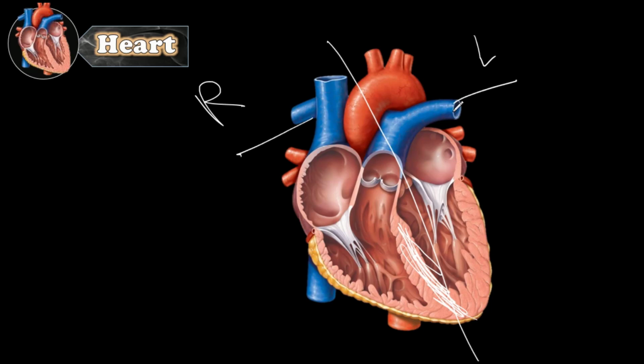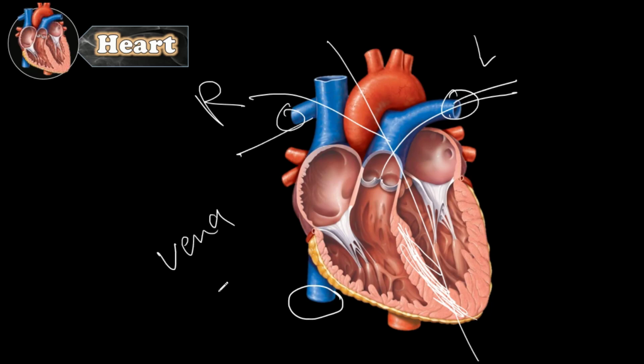It has 2 pulmonary arteries, this one and this one. Why 2? Because we have 2 lungs, and each goes to one lung. Also we have 2 vena cava. One comes from the lower part of the body and one from the upper parts of the body.